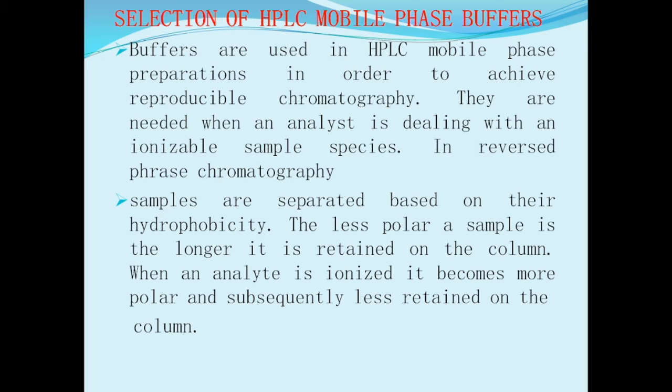Acids become ionized as the pH increases. Conversely, bases become ionized as the pH decreases. To develop methods, buffers should be employed that are at least 2 pH units away from the analyte pKa.